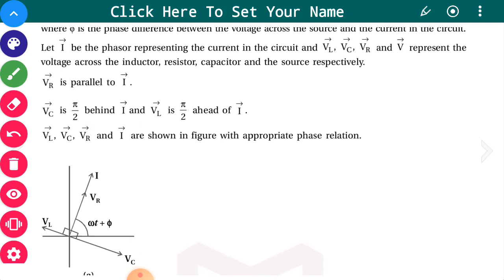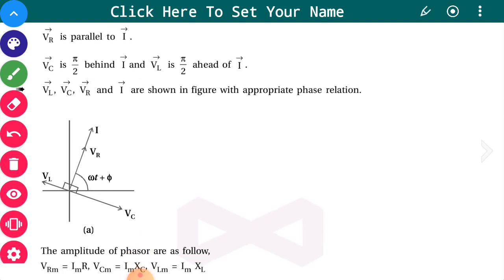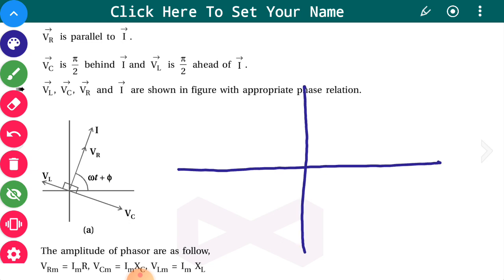Just see it here. It has been explained very nicely. You just have to understand the drawing. See, this is the phasor of electric current. Phasor of voltage across resistor is in the same direction as electric current.